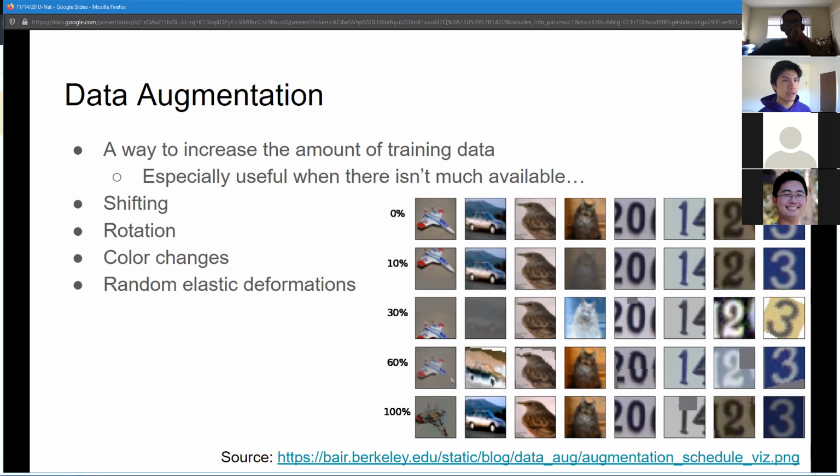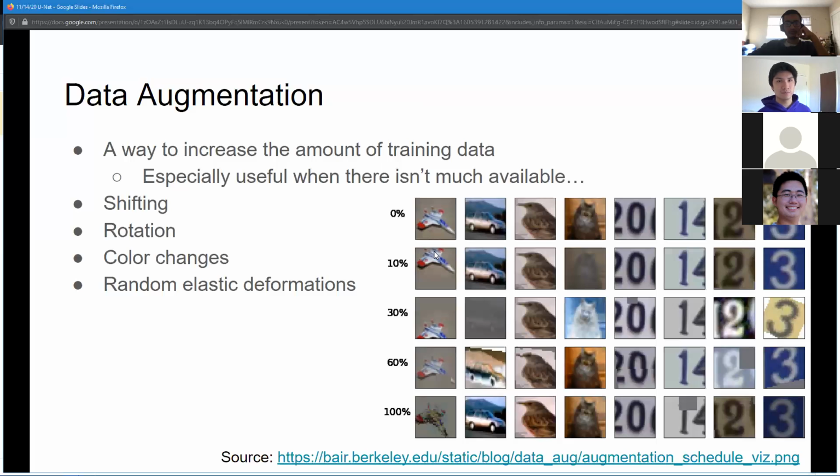And I guess I should also add, the importance of why we need more training data is that your model is going to perform better if you have more training data, right? You want it to be robust to, for example, a little bit of shifting.